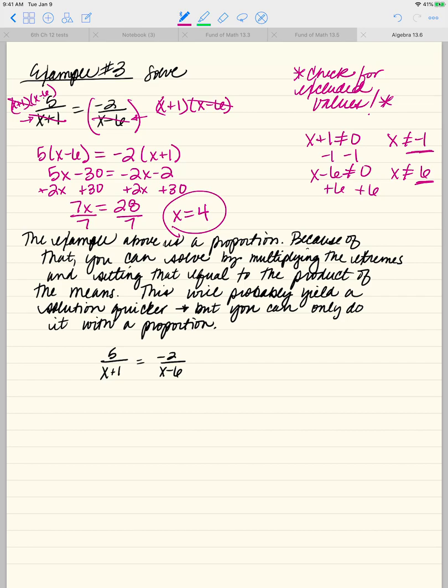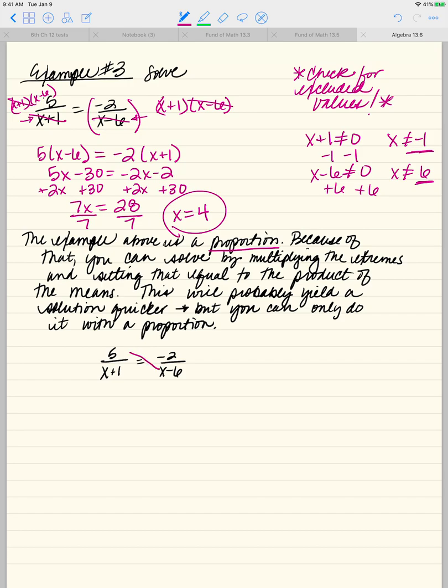Okay? The example that I just worked through is a proportion. Because it is a proportion, you can solve this by multiplying the extremes and setting them equal to the product of the means. Remember, that's just cross multiplication when we're solving proportions. This will probably yield a solution quicker than what we just worked through, but you can only do this with a proportion.